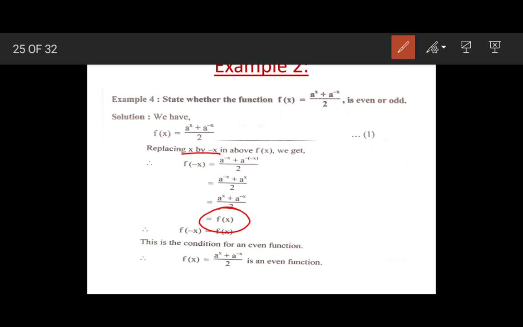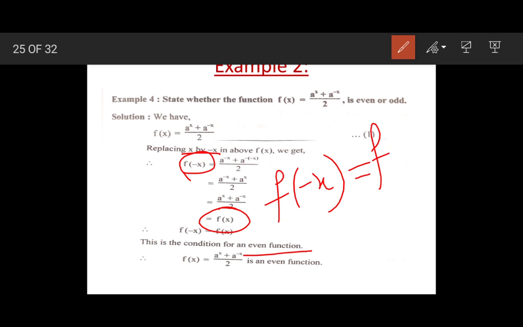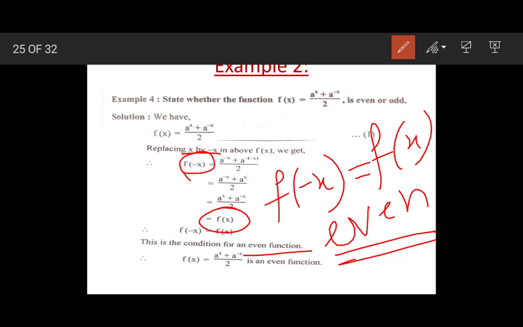I am getting f of x only, and that's why the function is an even function. If there is no effect of the minus sign, then that function is an even function. So I am getting f of minus x as f of x only, and hence the given function is an even function.